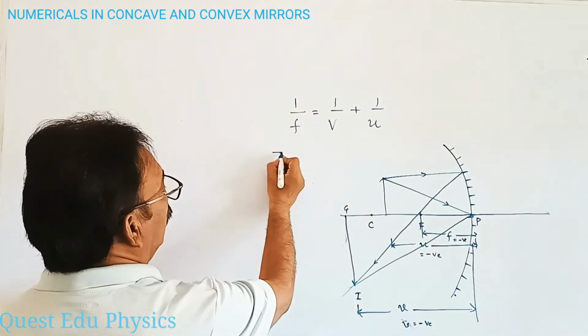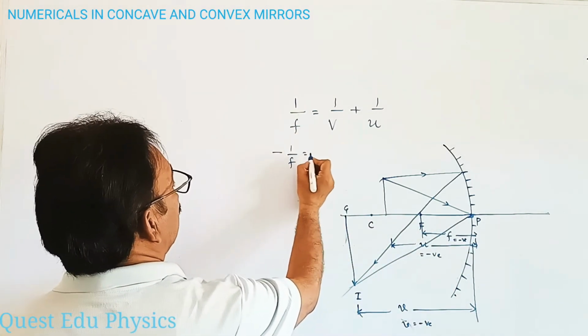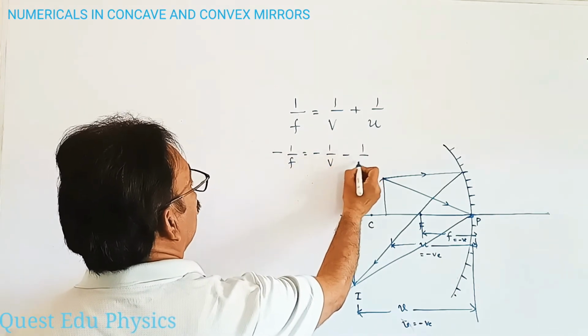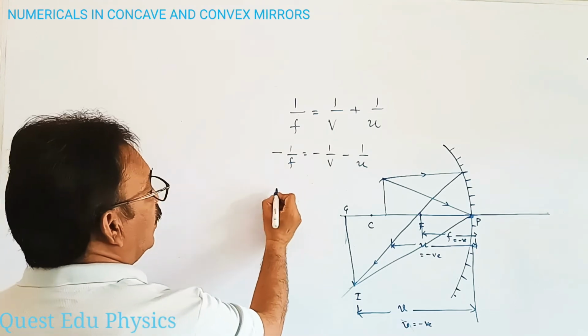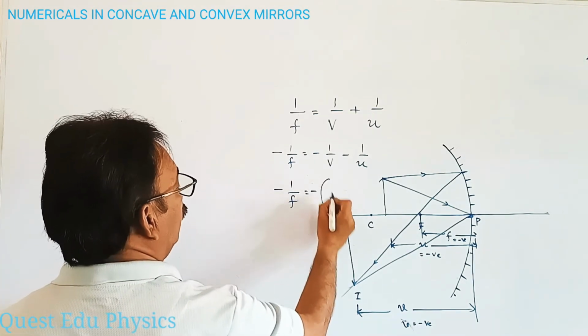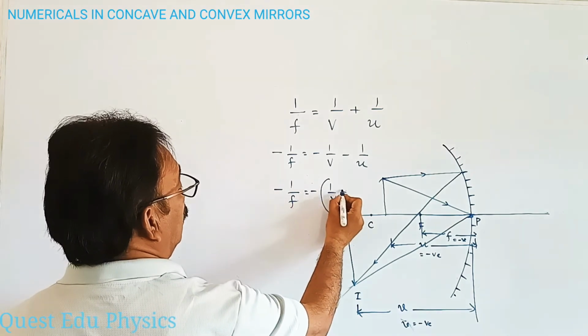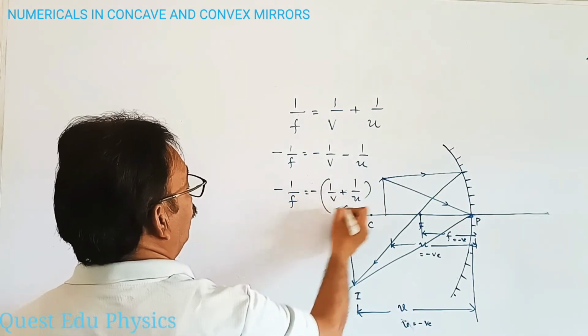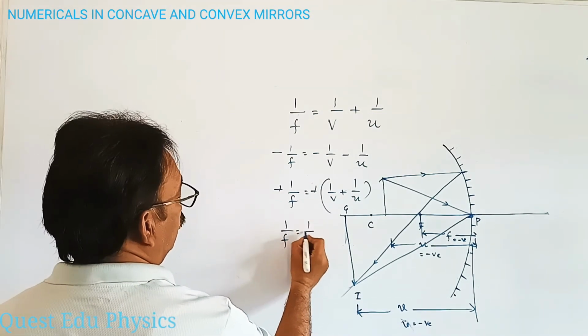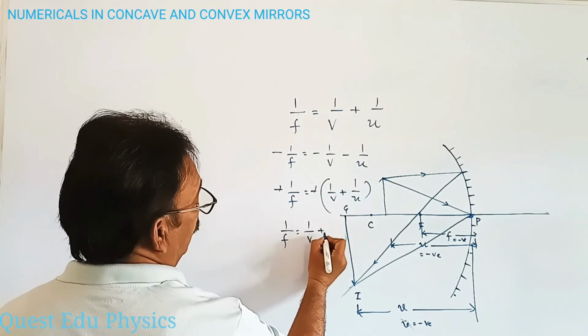Substituting all, you will get 1 by f is equal to minus 1 by v minus 1 by u. Again, we get 1 by f is equal to minus of 1 by v plus 1 by u. Minus minus get cancelled, and 1 by f is equal to 1 by v plus 1 by u.